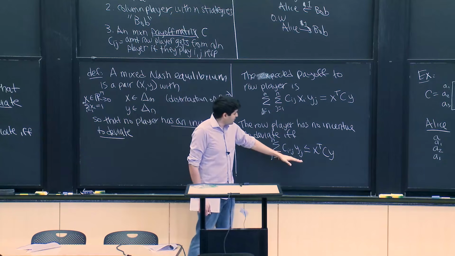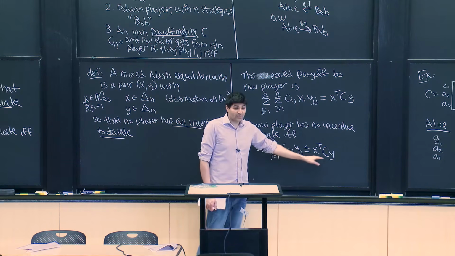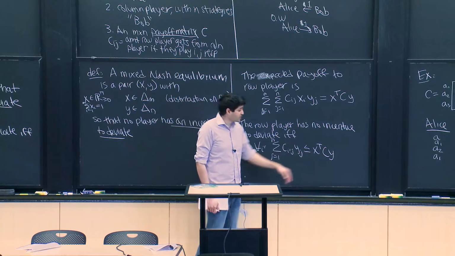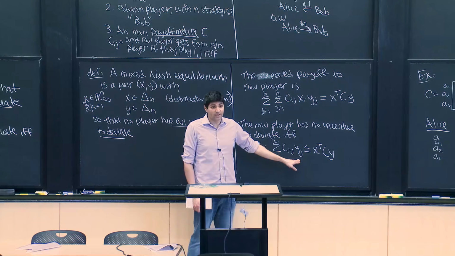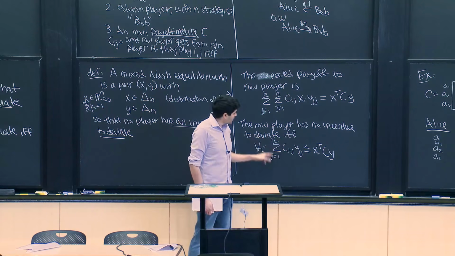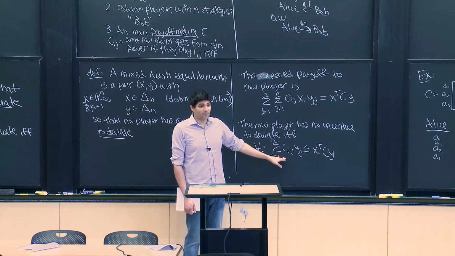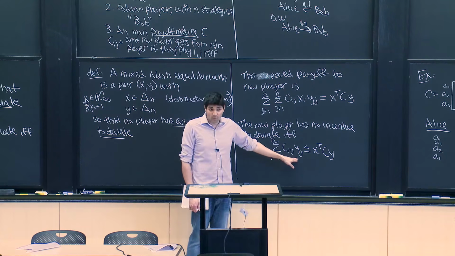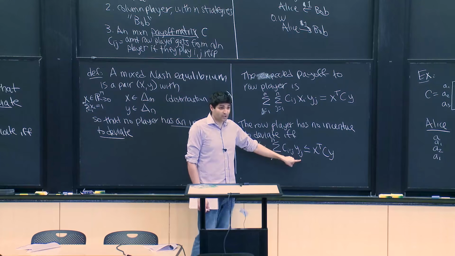So this is really calculating what would happen if I play according to X against Y versus I decide I'm going to just play strategy i prime against the strategy Y. So what's going on right here in this expression is the same expected value computation. Bob is still playing according to Y, and this is the probability that Bob selects strategy j.